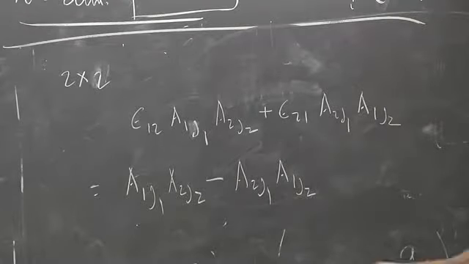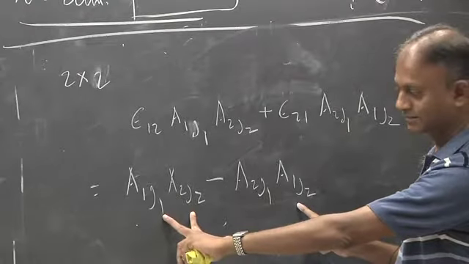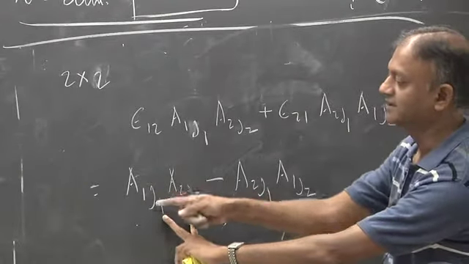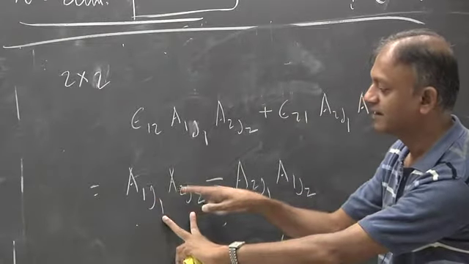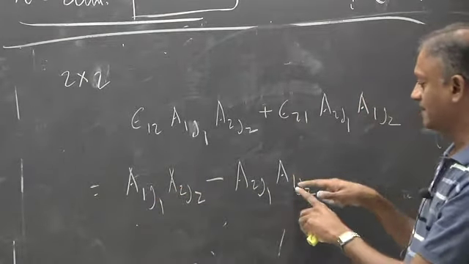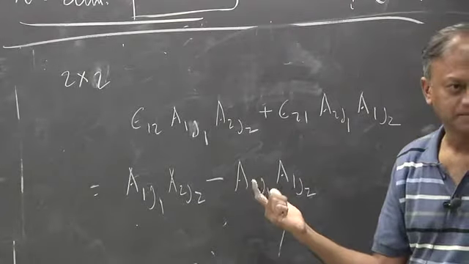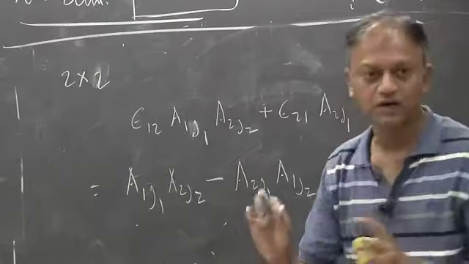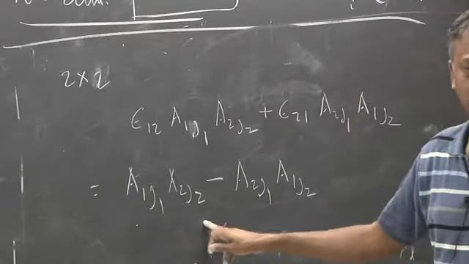Now you see, if j1 equals j2, this is surely 0. Suppose j1 equals j2 equals j, let's say. Then this becomes a1j times a2j minus a1j times a2j. The two things cancel, so they have to be different. So let's take the two cases. The only way it can be different is if this is 1 and that is 2, or this is 2 and that is 1.